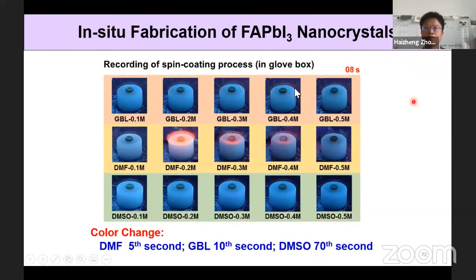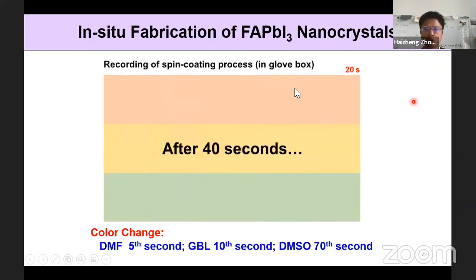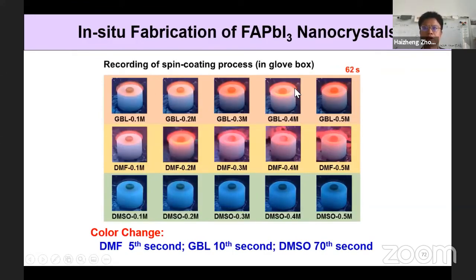For DMF, the color change occurs at the 5th second. For GBL, it occurs at the 10th second, while for DMSO, it occurs at the 70th second. And this helps us to control the in-situ on-chip fabrication.